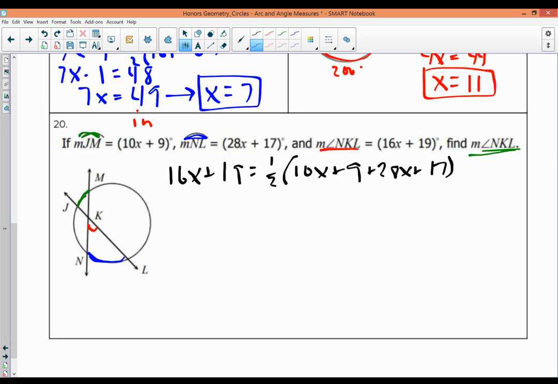In this case, it doesn't really matter whether you distribute the half or multiply to the other side. I'll multiply to the other side just because that way I don't have to worry about decimals in the event that we would get one.